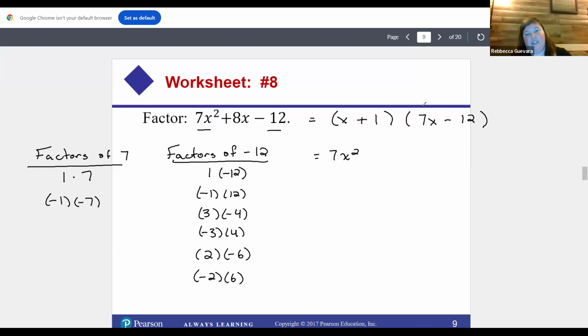So we FOIL this, 7x squared minus 12x, which is already leading me to think this is not going to work. Then distribute this across, we would have a plus 7x and a -12. That gives -5x minus 12. So that one didn't work.